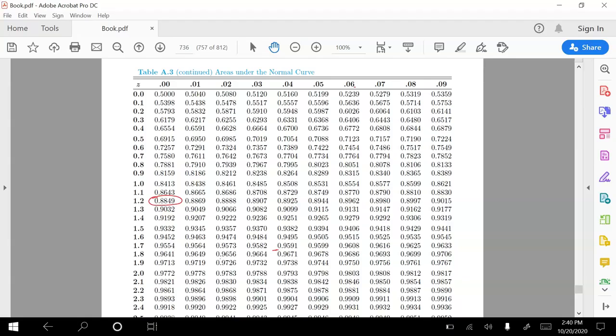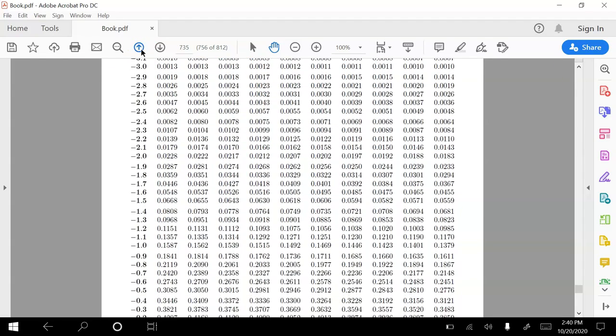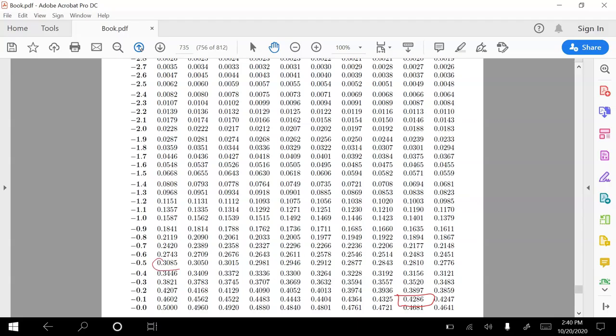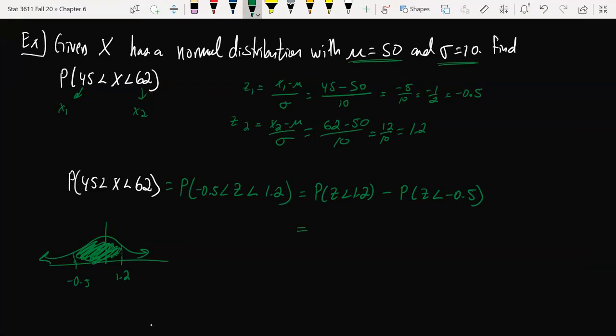Negative 0.50 is 0.3085. So this is equal to 0.8849 minus 0.3085. Running the arithmetic through a calculator, we've got 0.5764.